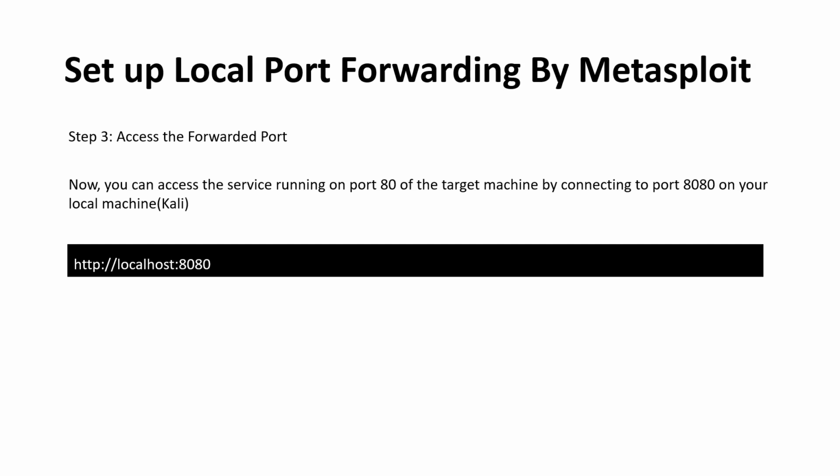And of course, if the remote IP address is the local one, then in the browser address bar we need to put localhost or 127.0.0.1, followed by the local port number. Very important, not the remote port number. This port number is the listening port number on the Kali Linux.